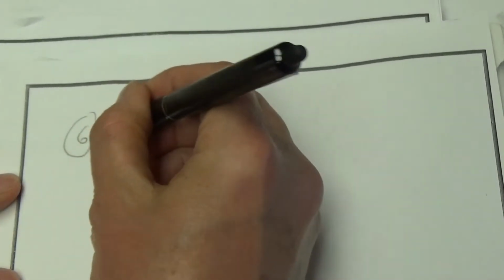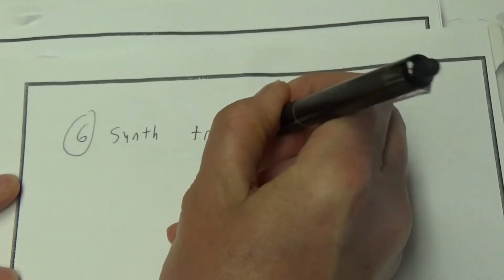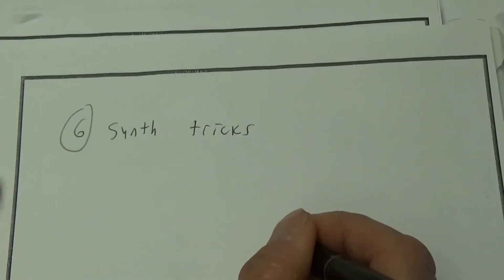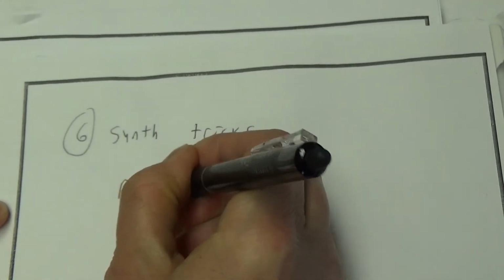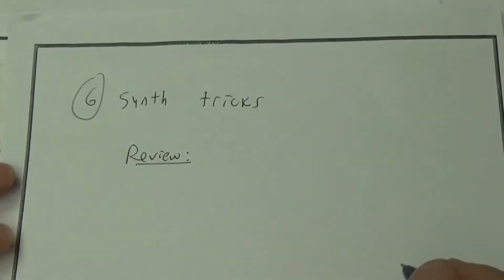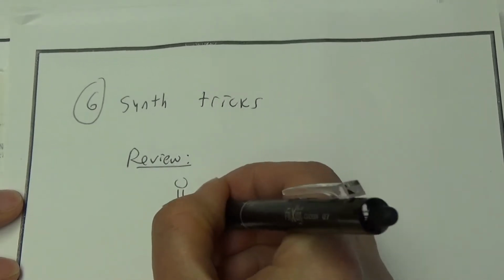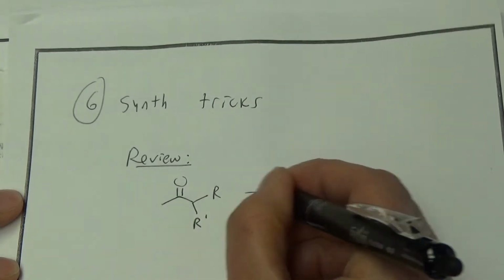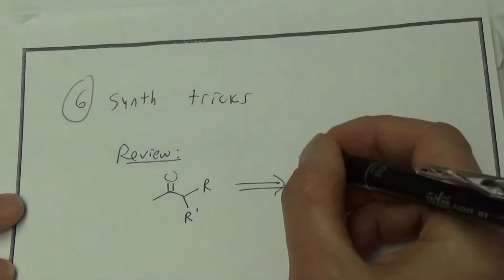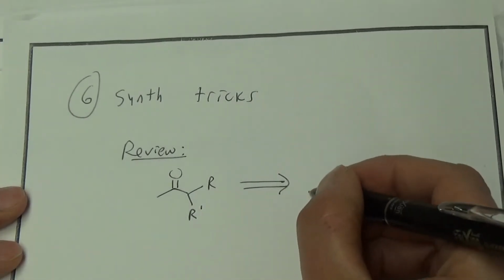Alright, still on number 6, synthetic tricks, I guess we'll just say. Reviewing these two reactions that we just learned, if you're making a methyl ketone, we can use a retrosynthesis arrow, which just means a backward arrow essentially.